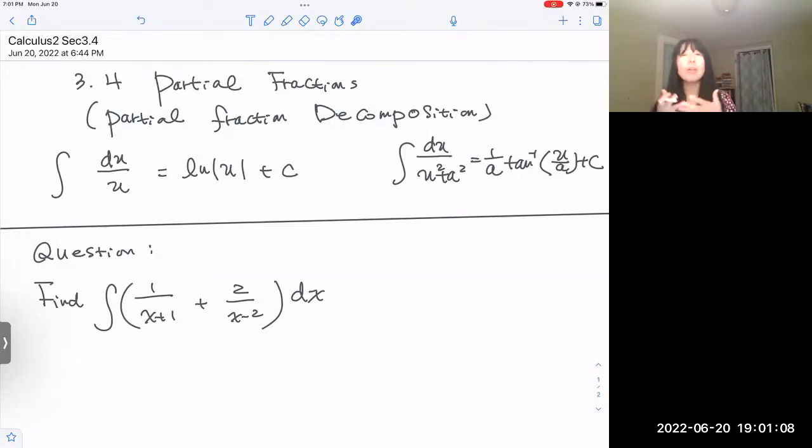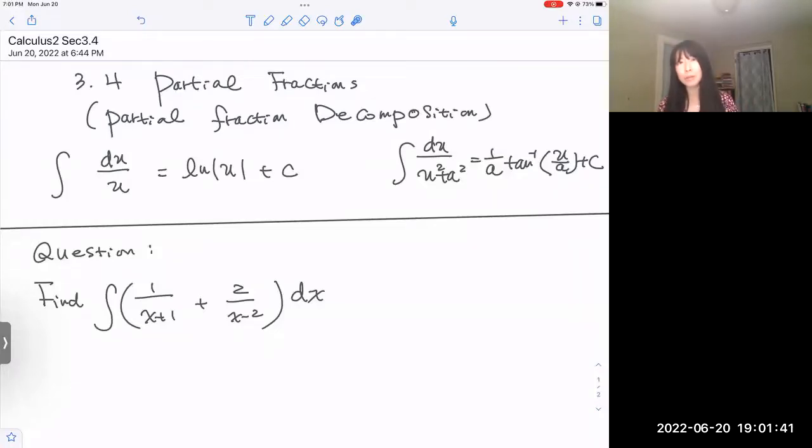There is nothing else in 3.1, so we had IBP, integration by parts. Then in 3.2, we could not do u-sub or IBP, so we used trig integration. Then in 3.3, we cannot do u-sub, IBP, or trig integration, so we are using trigonometric substitution.